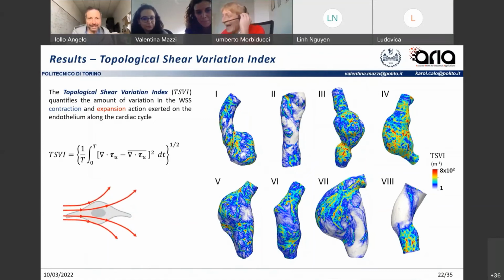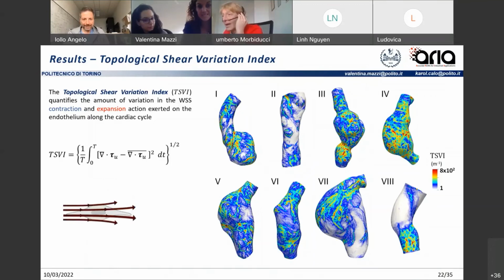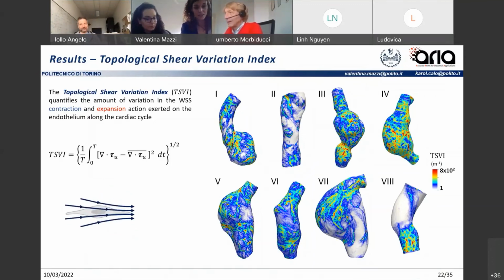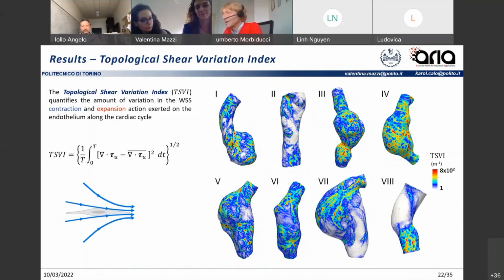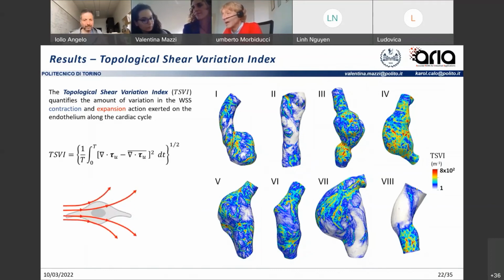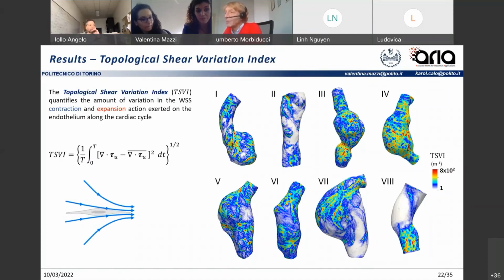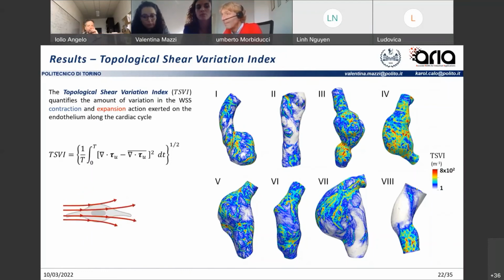I think you are muted, Umberto. I perfectly agree. The sad part of the story is that we don't know exactly which hemodynamic descriptor better identifies or predicts the outcome of an aneurysm.